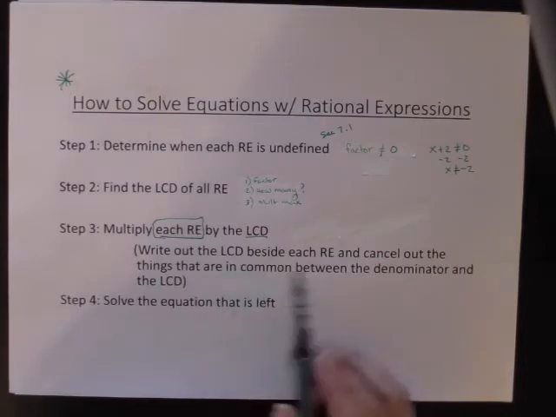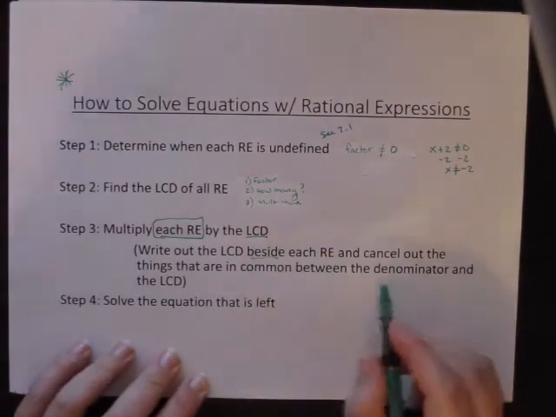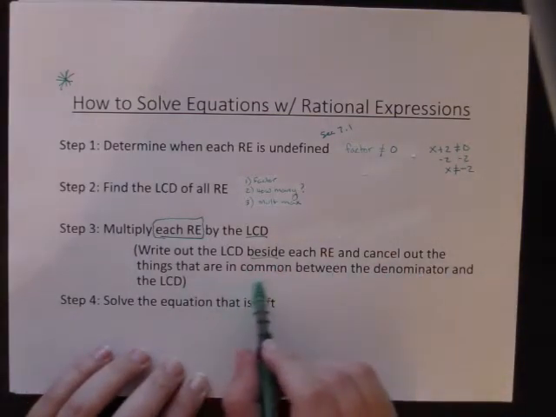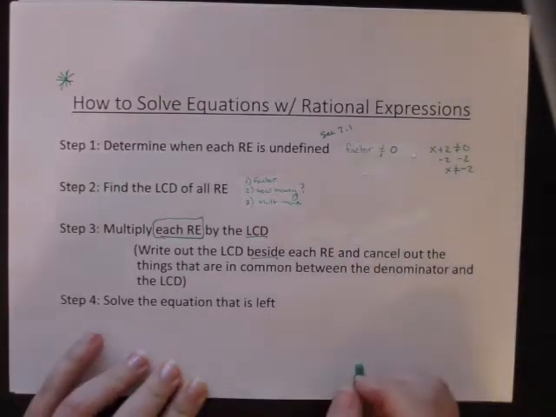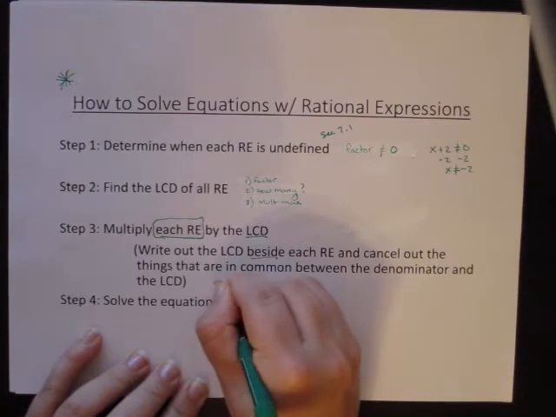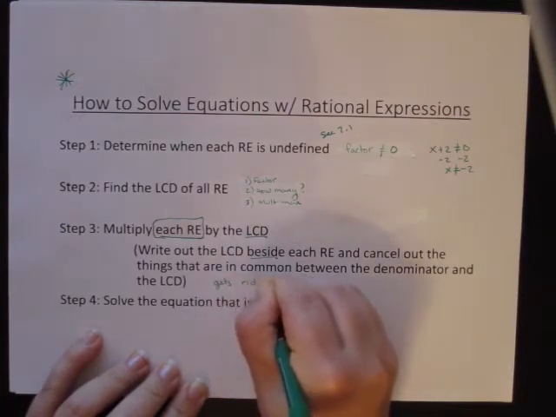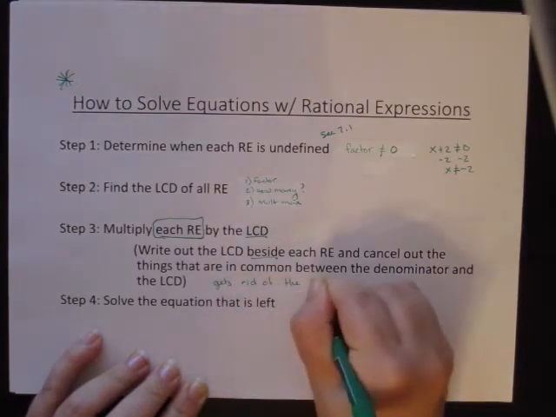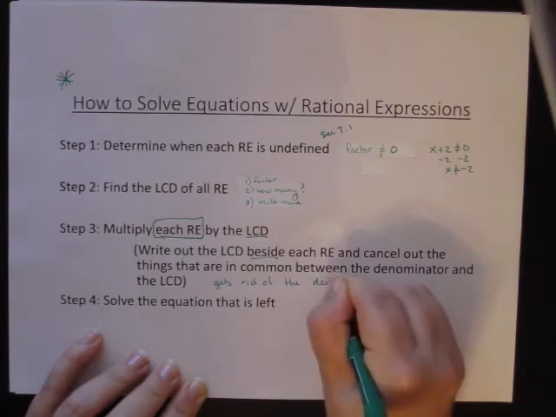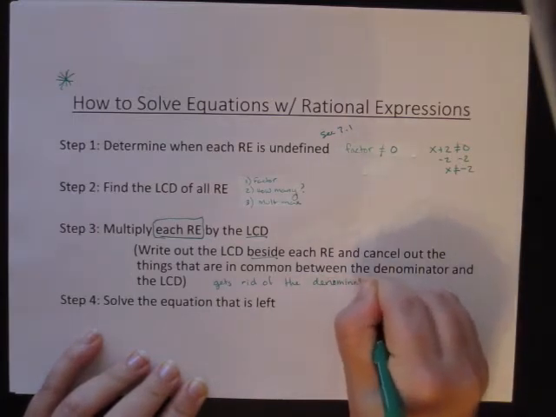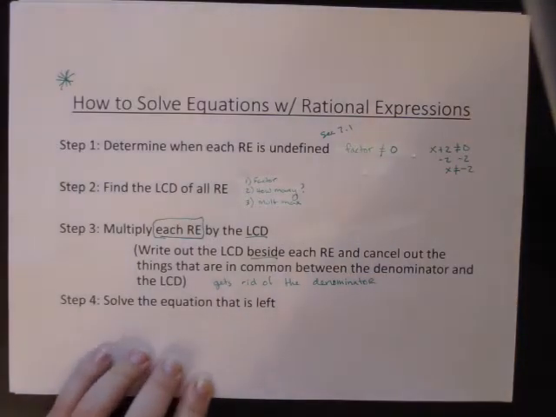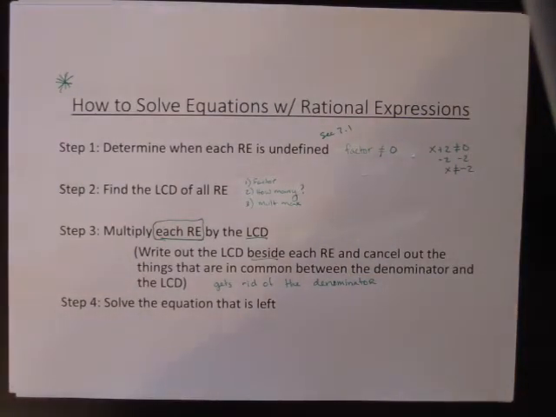So you write out the LCD beside each rational expression and cancel out the things that are in common between the denominator and the LCD. What this does is it gets rid of the denominator. Okay, so it's a tedious step, but it really helps.